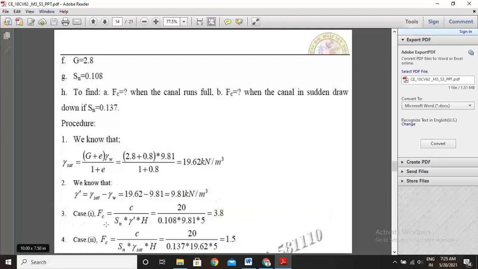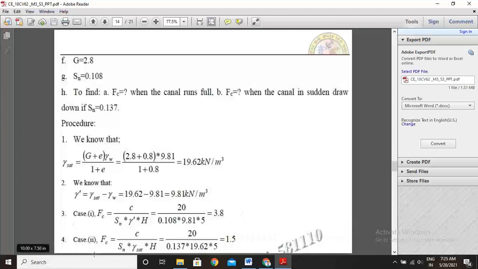Now case 1, factor of safety with respect to cohesion is given by the empirical equation C by Sn into gamma dash into H. Here C is 20, Sn is 0.108, gamma dash is 9.81, H is given as 5 meter. So answer is 3.8.